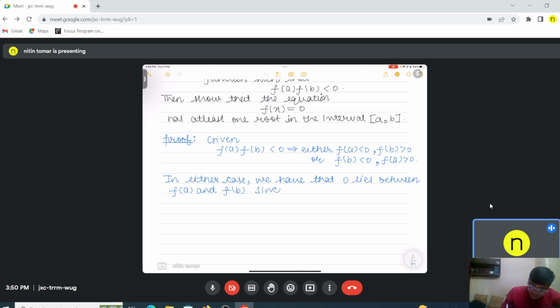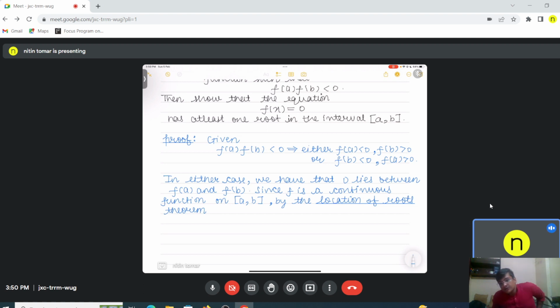Now since f is a continuous function on [a, b], then by the location of roots theorem. Oh, earlier I said Rolle's theorem. No, sorry, it is the location of roots theorem. So what does the location of roots theorem say?